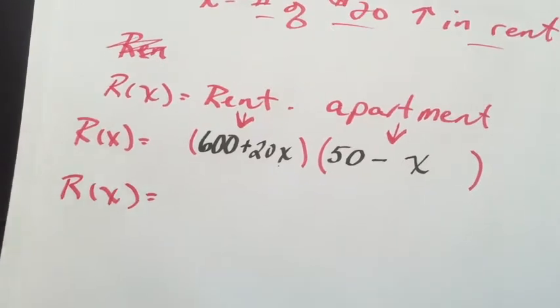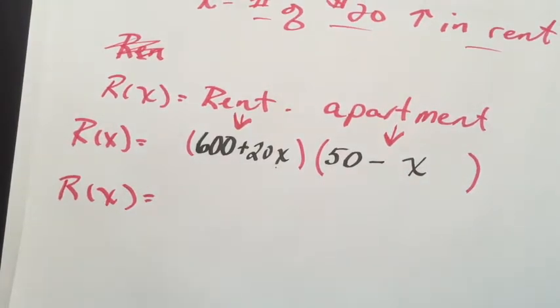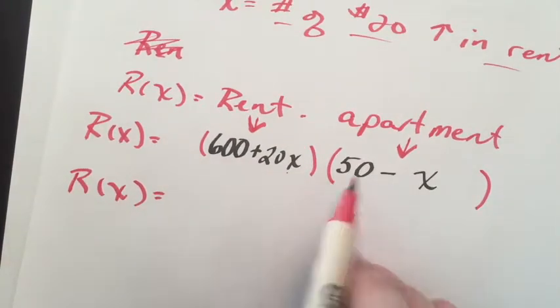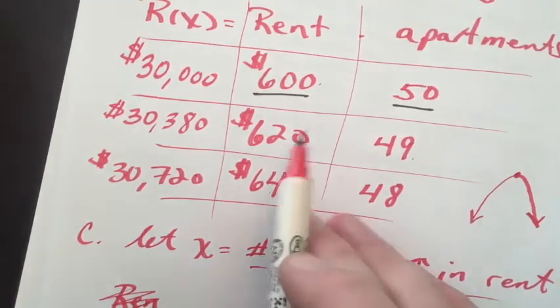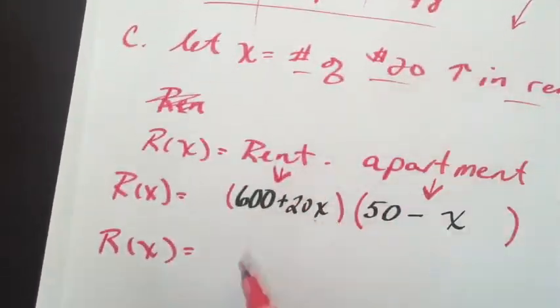So revenue is equal to first times first. That's 600 times 50, which was 30,000.